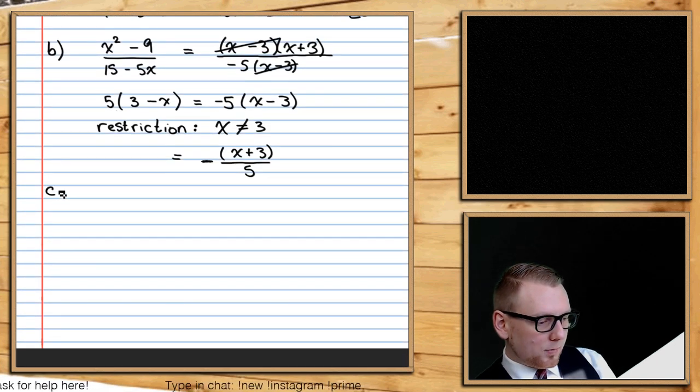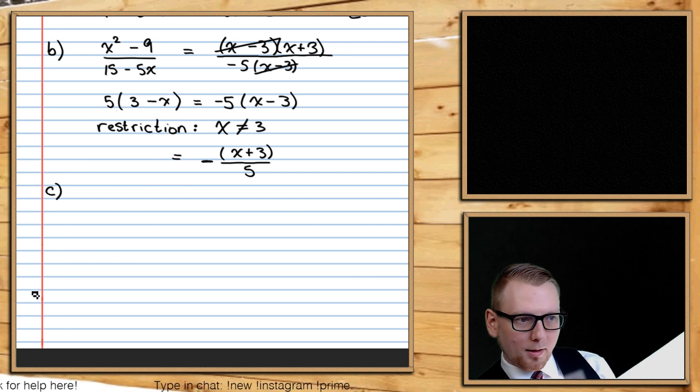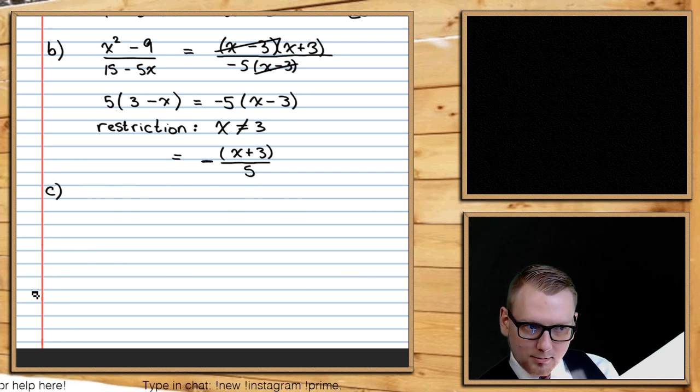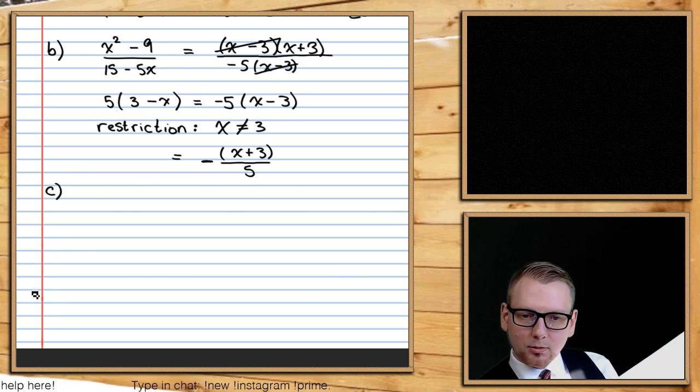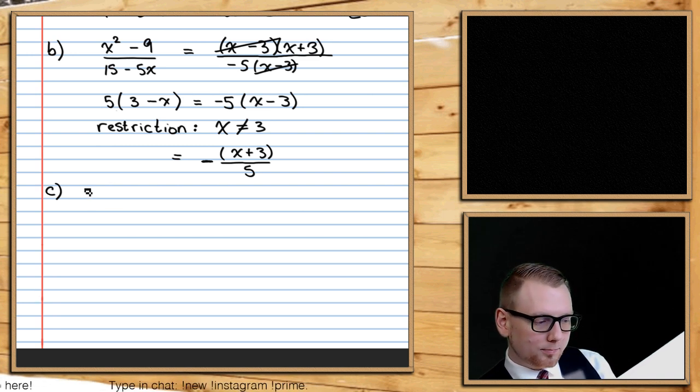Okay, C. Again, C is just another factoring question and crossing out. So what are the factors?